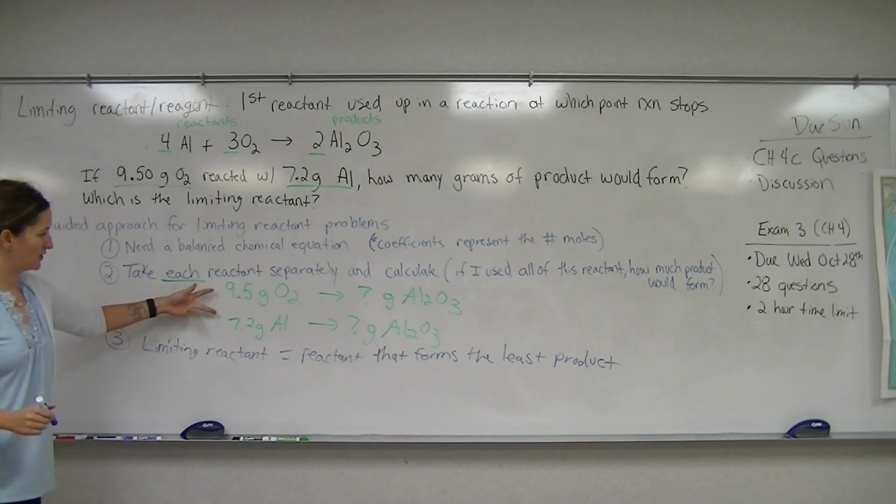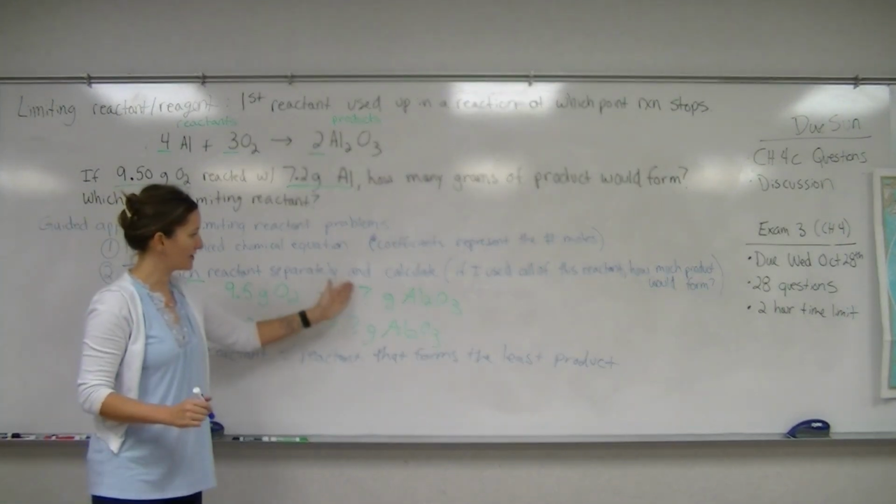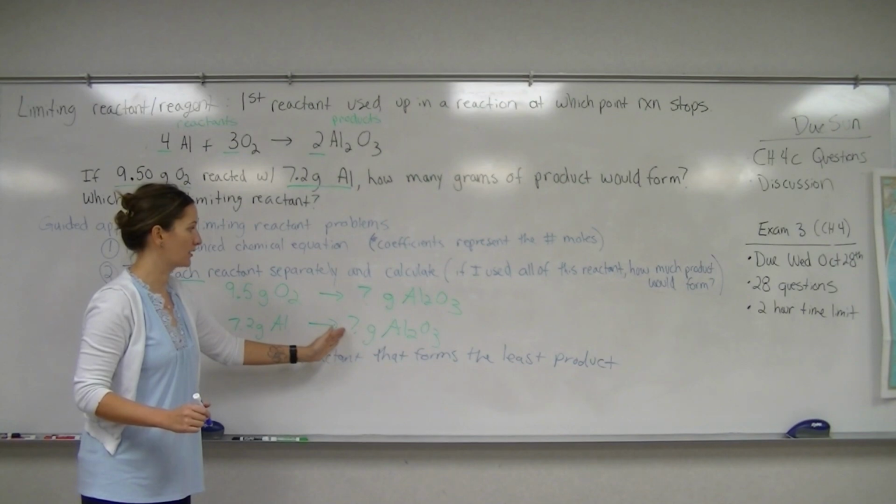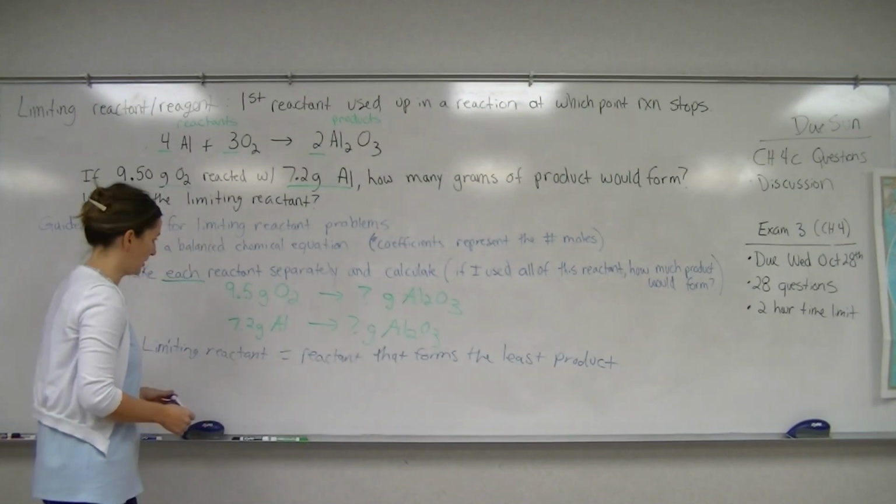Once I solve for these two, it's going to be whichever one has a smaller amount of product made, a smaller gram amount of that aluminum oxide made.